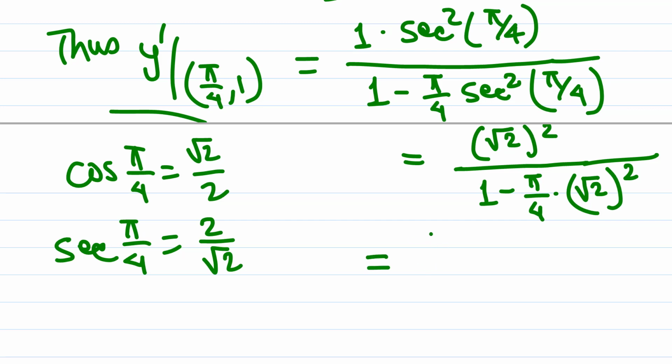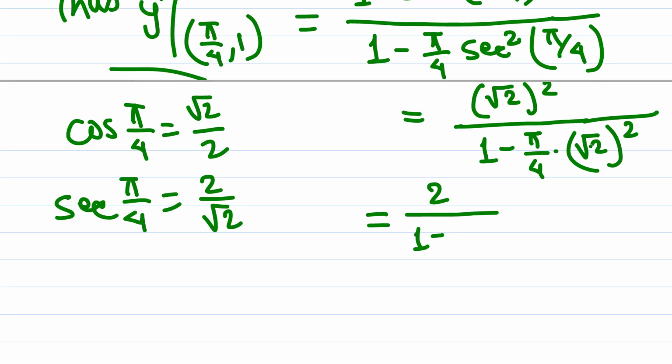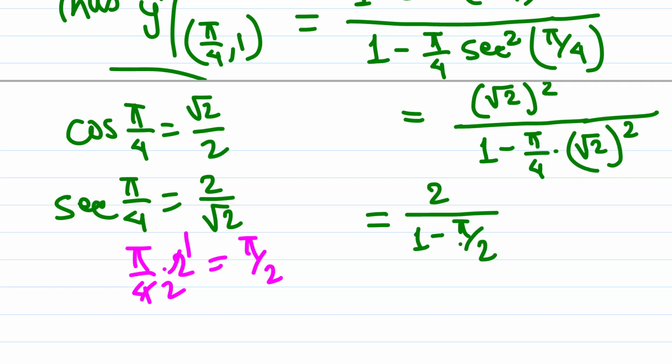Root 2 squared means just 2, over 1 minus pi over 4 times 2. Pi over 4 times 2 means 2 divides twice, so pi over 2.